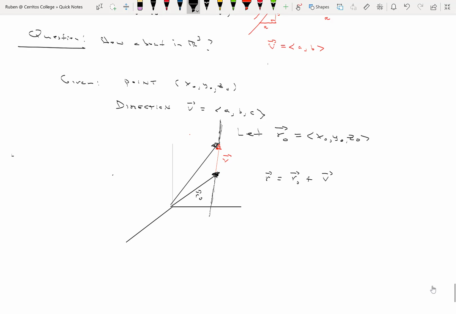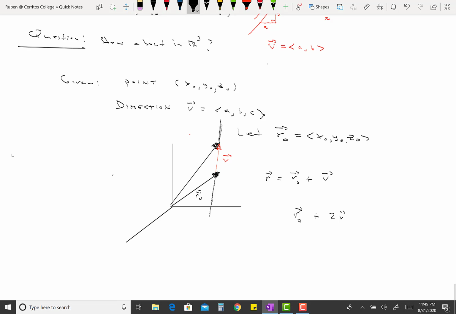So r, which is r naught plus v, is a position vector of one point on the line. Now, suppose that I take r naught and add 2v, and I'm going to look at what that resultant vector looks like.